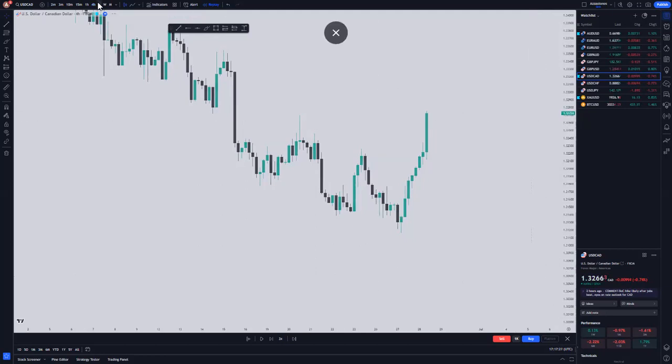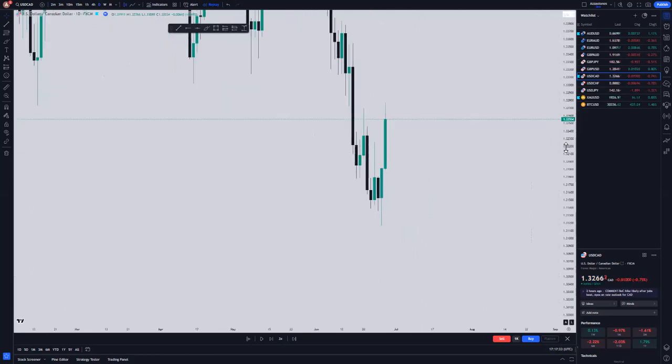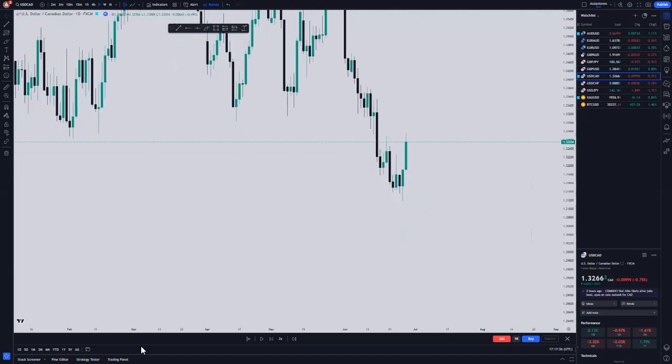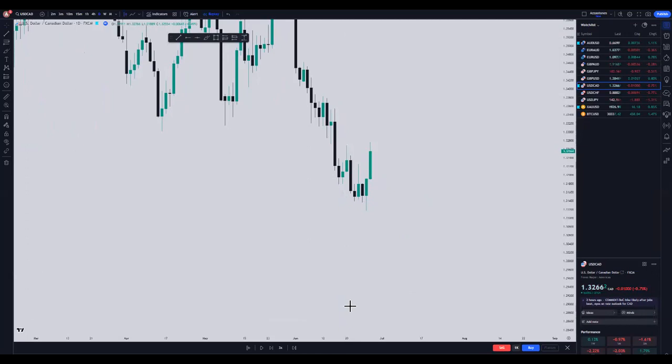Okay. Now we are going to start looking at this break of structure here. This is the time frame, and we have just recently broken the structure. If you look here, this is just the daily break, and we have broken the structure here.